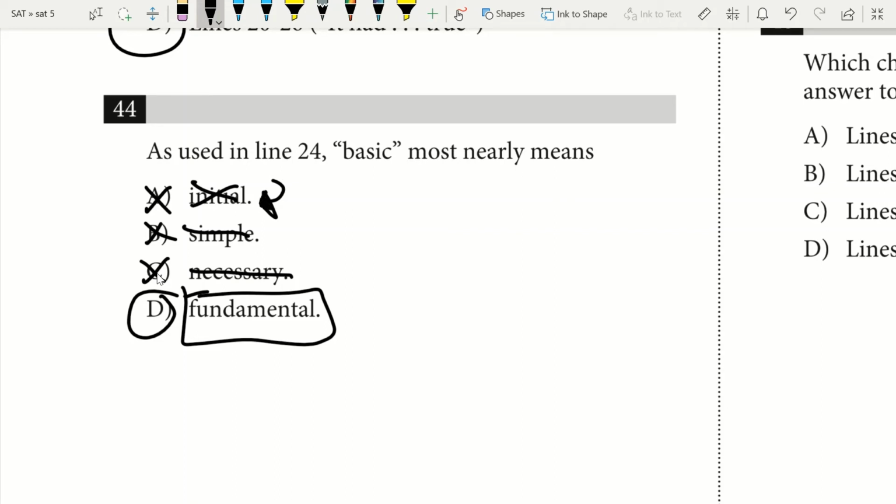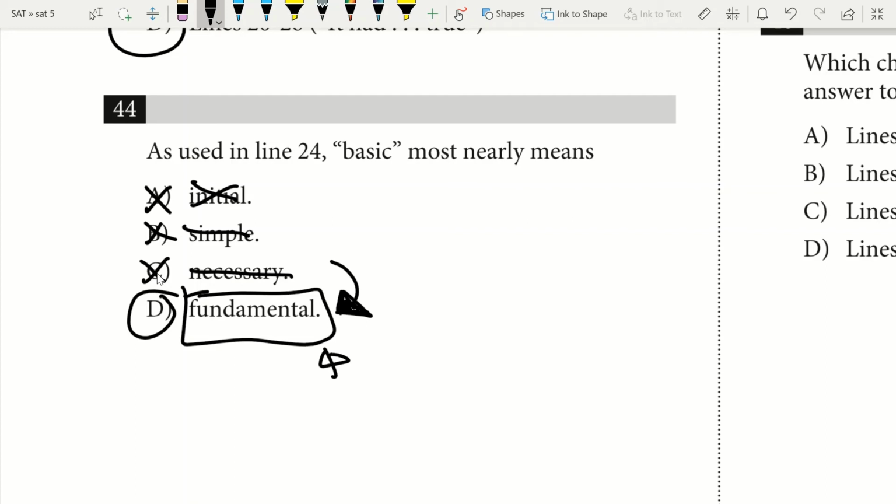So initial covers the part where it's kind of that brain structure that you have from birth before your brain changes, but it doesn't capture that part where it talks about how that brain, its fundamental structure, is referring to how most people have that structure. Initial would be incorrect because it doesn't include the part of it being that structure that most people have, right?